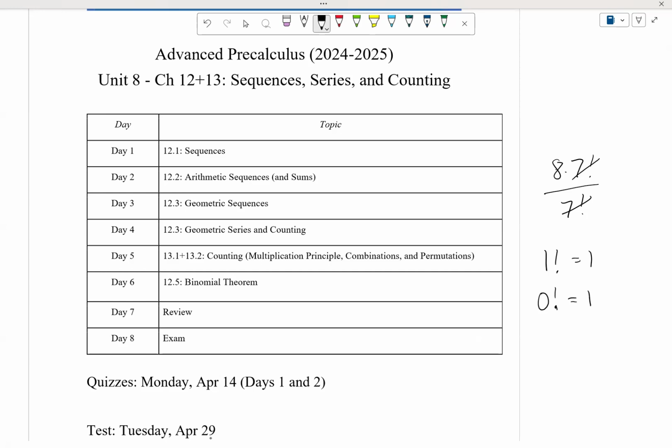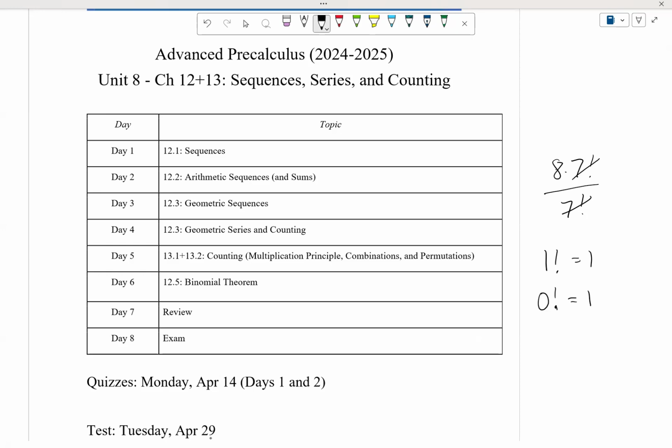For now, I'm going to ask you to trust me. By definition, it equals 1. Which seems like it just seems wrong, because you multiply all the way down to 1. But how do you do 0 factorial? This unit will grow in such a way that you're going to be able to answer that question for yourself by the end. But for right now, I'm going to ask you to trust me. 0 factorial does not equal 0.